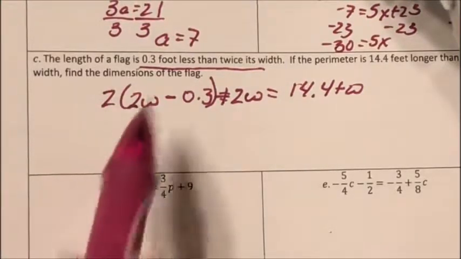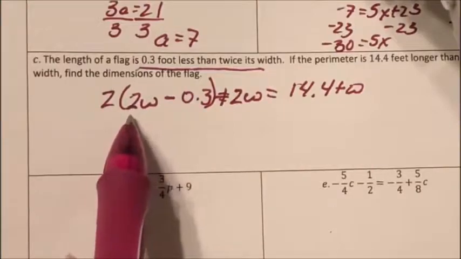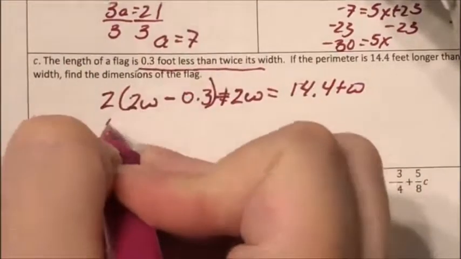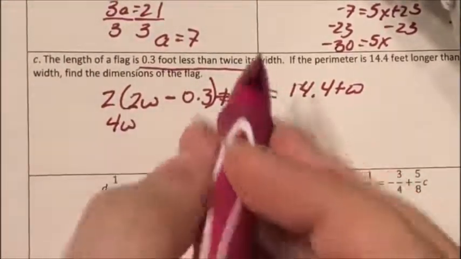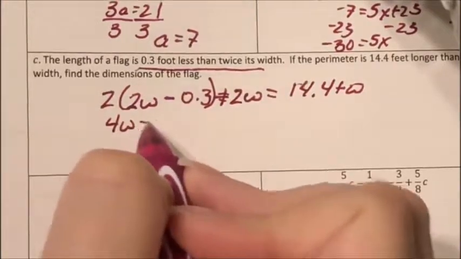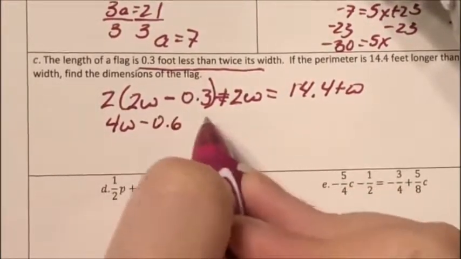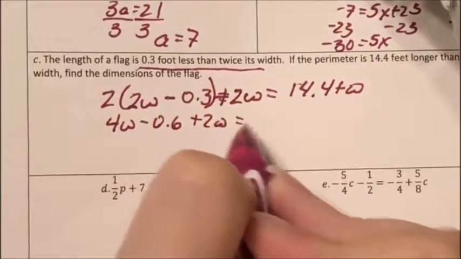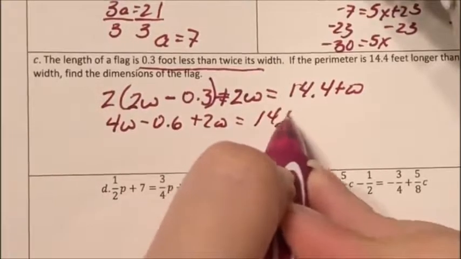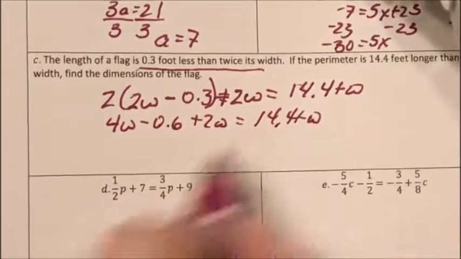So I want to use the distributive property first. 2 times 2w gives me 4w. 2 times 0.3 is 0.6 plus 2w equals 14.4 plus w.